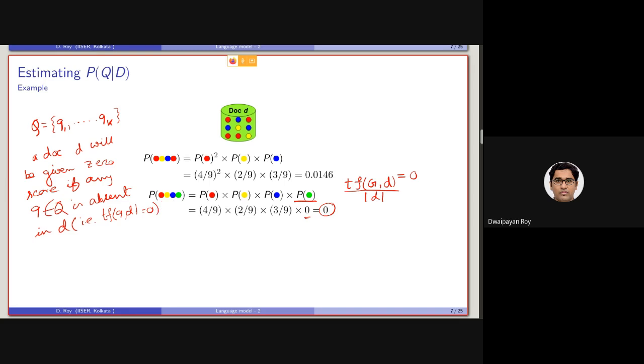problematic scenario. Why? Let's say I am providing the query like Indian Institute of Science Education and Research Facility.